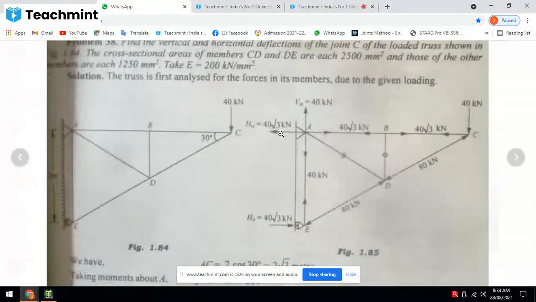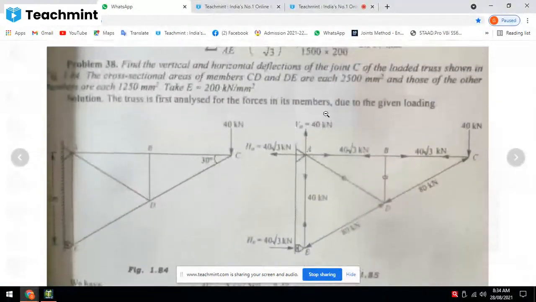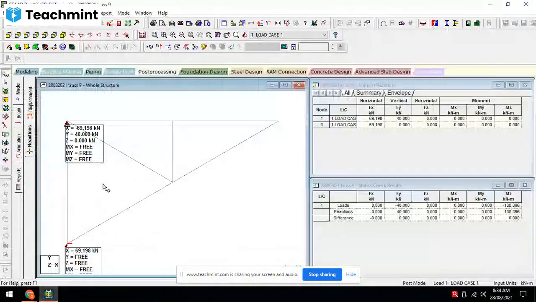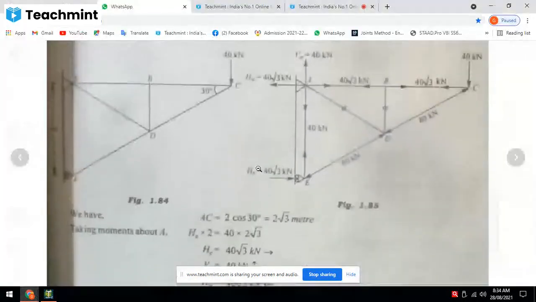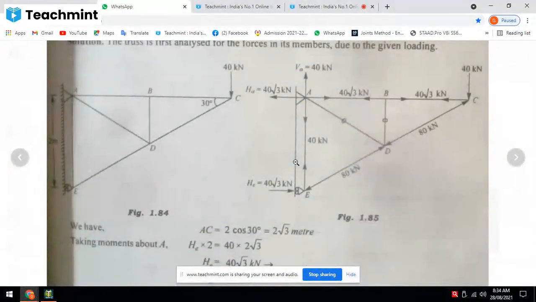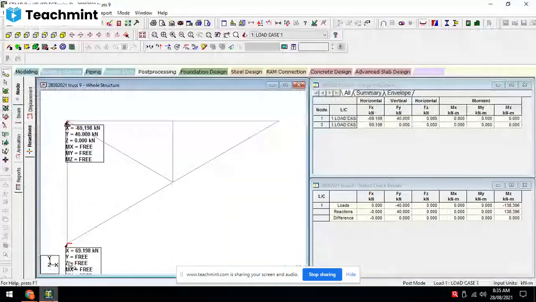Yes, VA is 40, which is with us. And horizontal, one is positive, second is negative, 69.19. So it is 40 root 3. We'll check 40 root 3 how much it will be. Yes, it is 69.28.